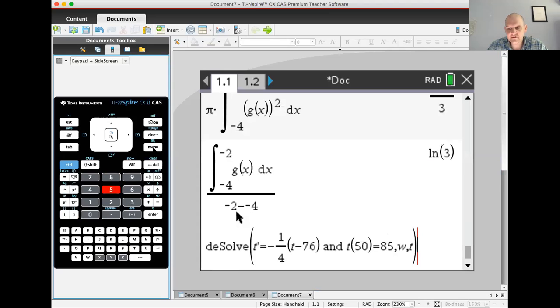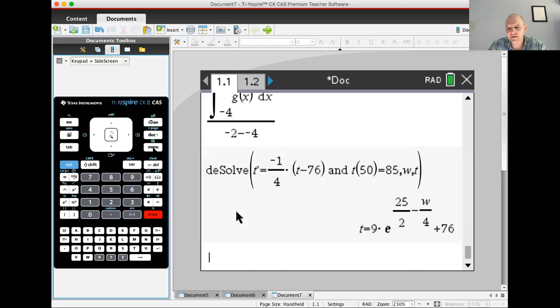Then I press enter, and it just fills this in. If you have a non-CX2, you have to type that in. Either way, you're going to be fine. Press enter, and we get the answer. It does everything with fractions, and we chose to use decimals because I kind of wimped out on that. But anyway, that's the answer that we got. So good job to us.